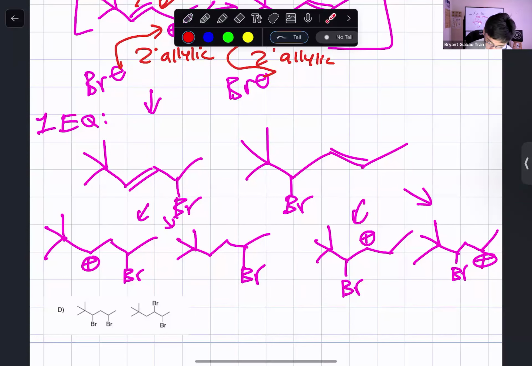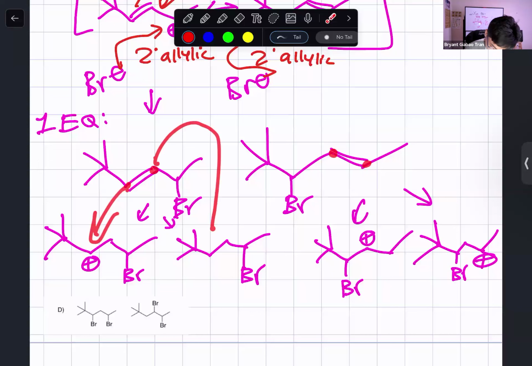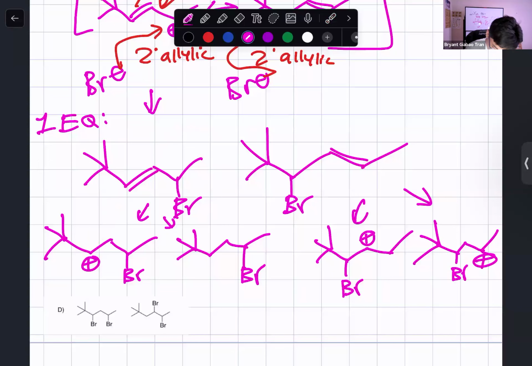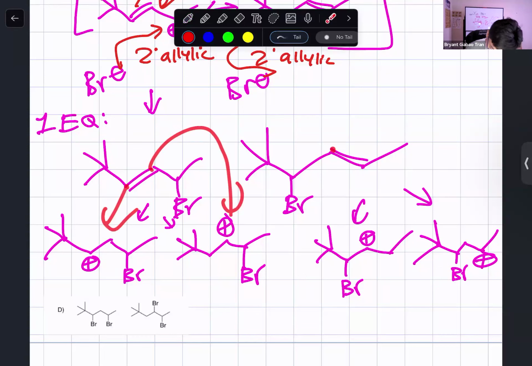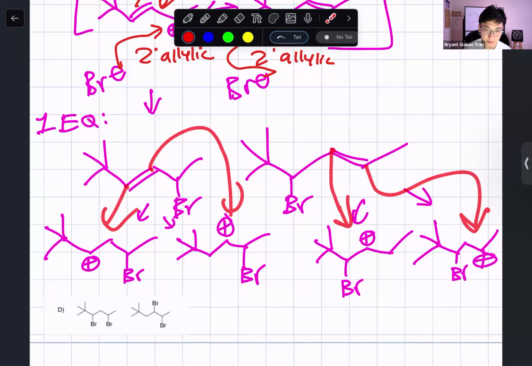I'm just basically putting a carbocation on all of the sp2 carbons here, right? So that one makes that, this one makes this one makes that, and this one makes that. So I'm just putting a carbocation on all of those sp2 carbons. Okay.